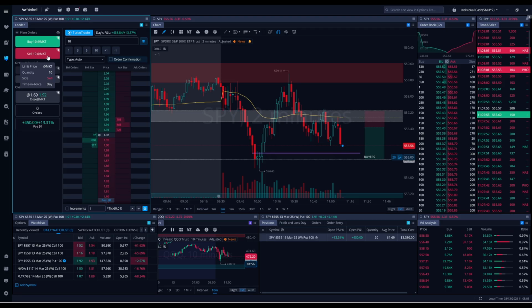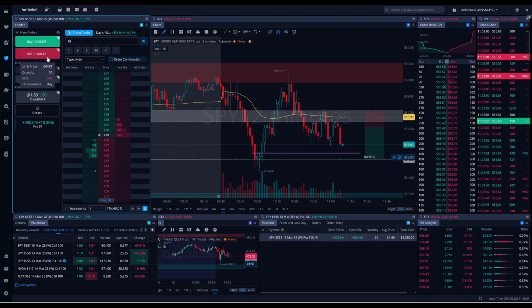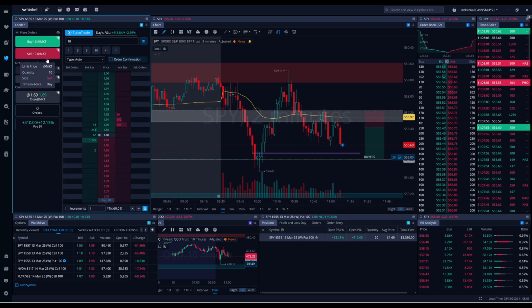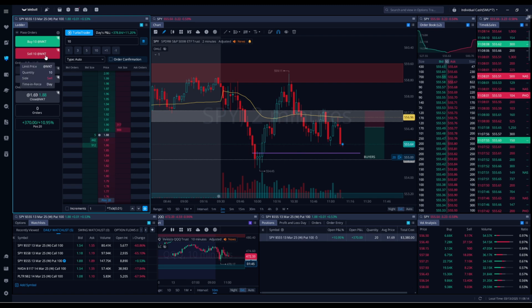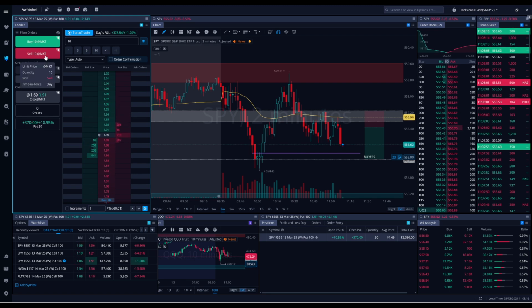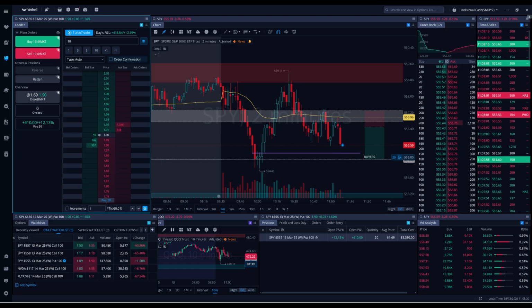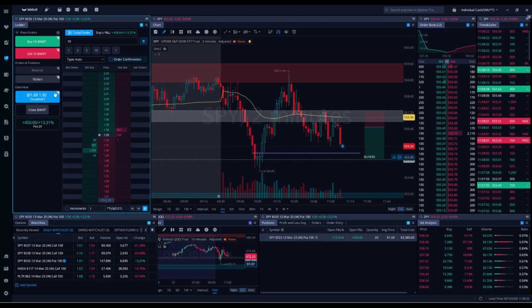Up 13%. I think we're going to take it out, or I think we're going to test that purple line. Then we've got a chance now to test that purple line. Sellers now are being aggressive here.